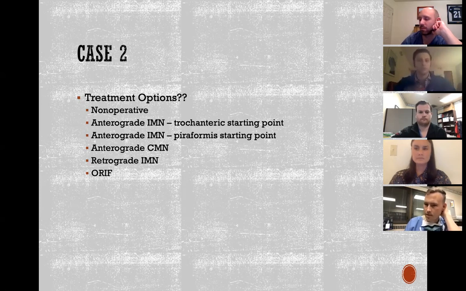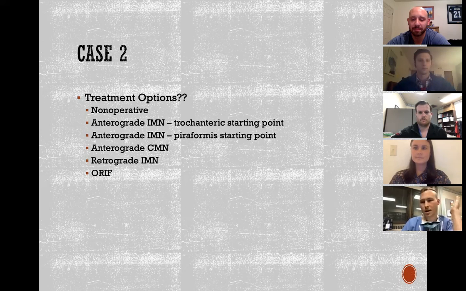The main reason that at our institution we would choose a piriformis start is because it's straight in line, and once you have your reduction, it's much less likely to lose your reduction, and sometimes it can actually help you in gaining your reduction. But it's not wrong. There are definitely places and surgeons who get good outcomes who would do a trochanteric start for this.